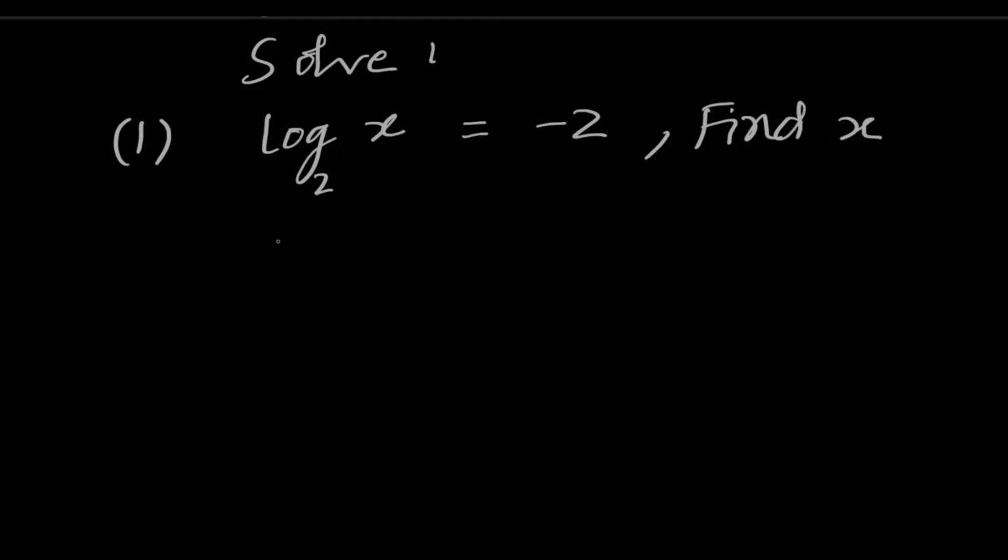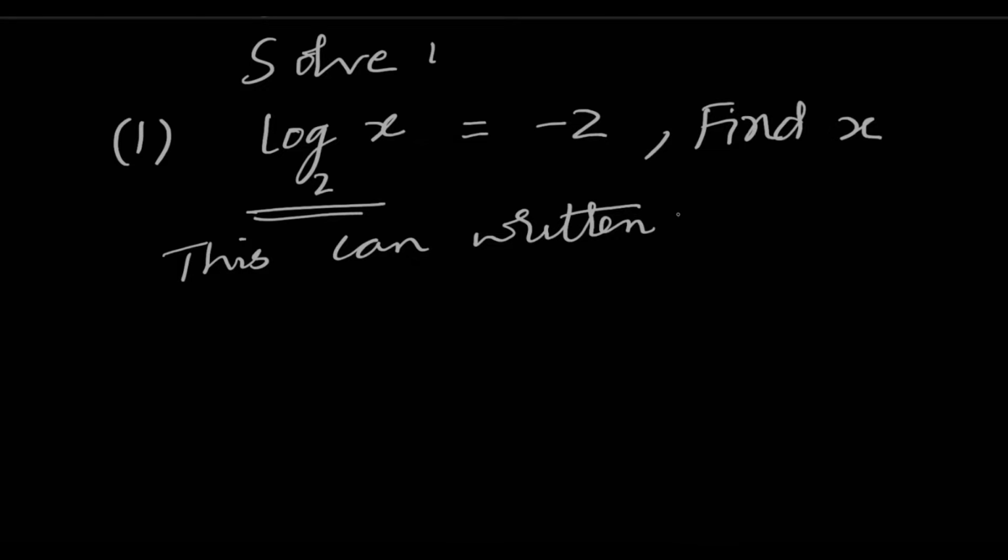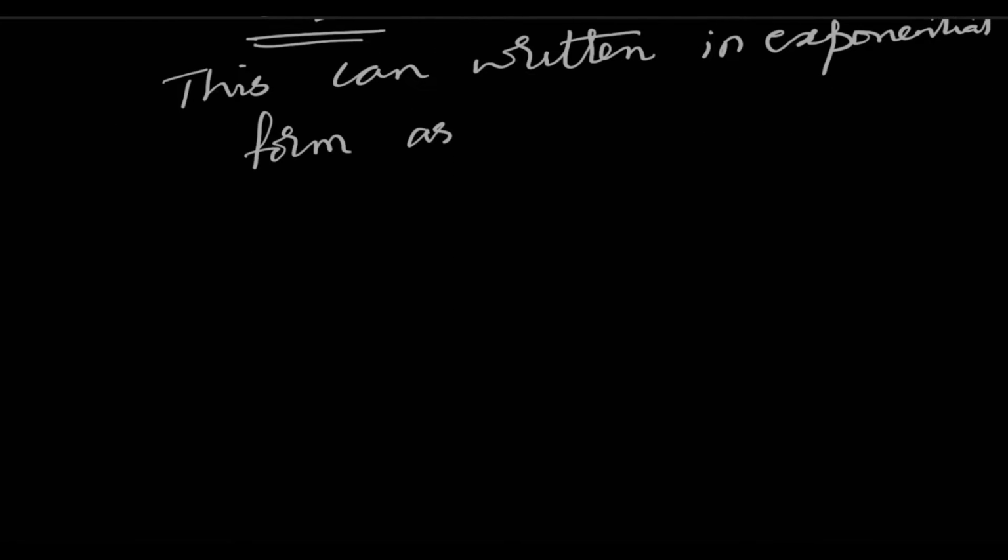So how can you write this in exponential form? This can be written as 2 to the power minus 2 is equal to x.